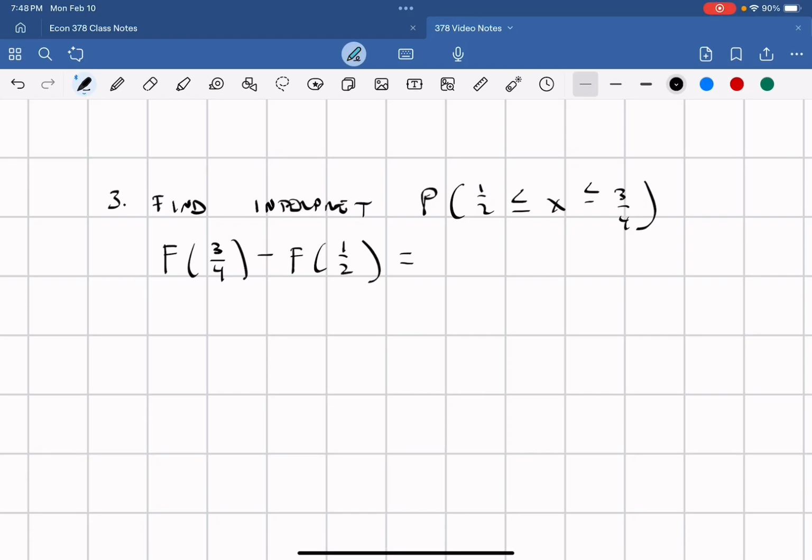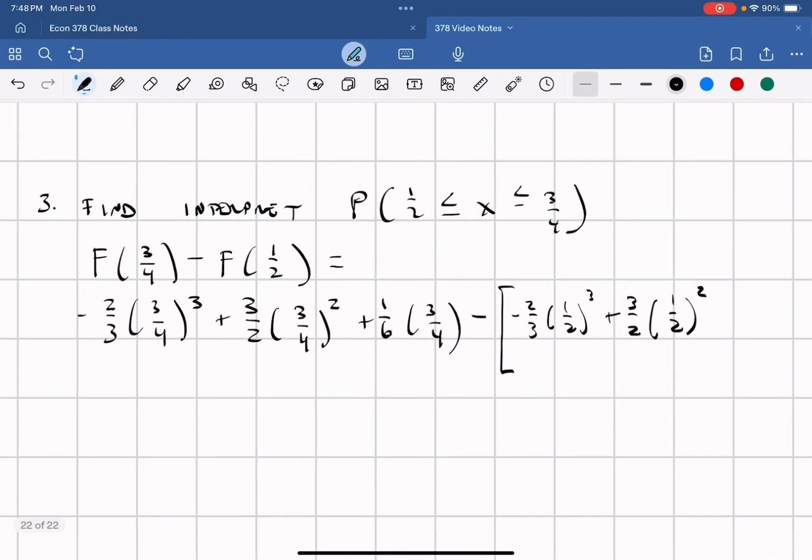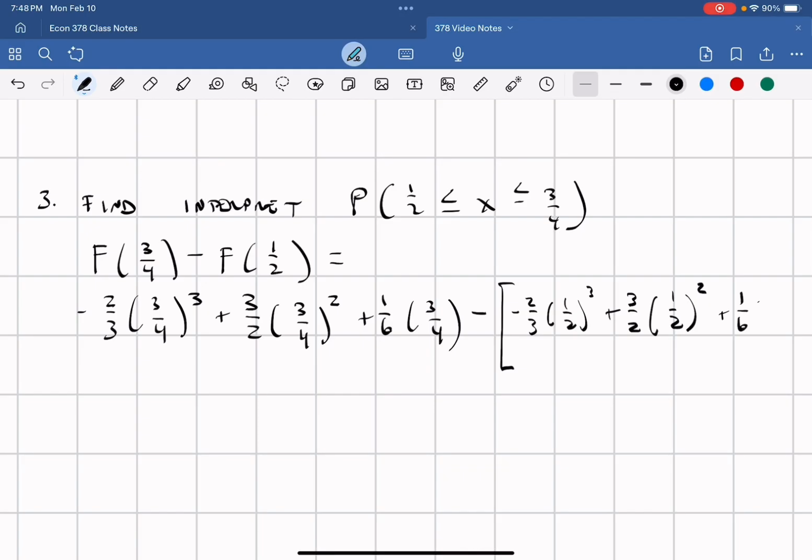And so this is going to equal, so I take big F of 3/4, so minus 2/3 3/4 cubed plus 3/2 times 3/4 squared plus 1/6 times 3/4. So that is big F of 3/4 minus, and now in brackets, I'm going to have negative 2/3 times 1/2 cubed plus 3/2 1/2 squared plus 1/6 times 1/2, like that.